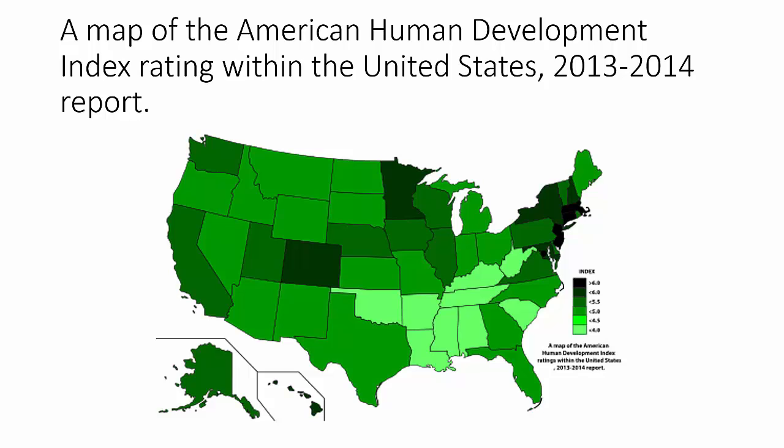Now this is compared to the overall United States Human Development Index, which is 5.06. So Connecticut's a little bit more than a whole point above it. But then you can go down south to see Mississippi, and they're down at 3.81, so almost 1.5 points lower on the index in Mississippi.